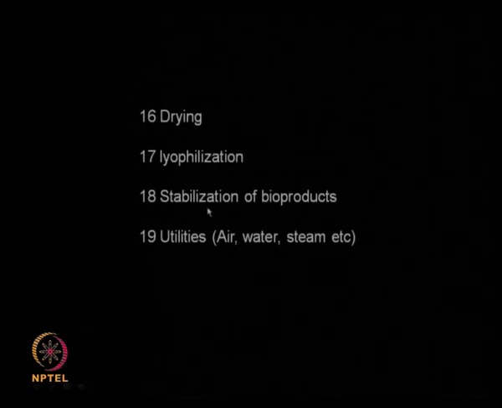Finally we will look at utilities also, because without utilities a downstream manufacturing unit has no meaning. Utilities like air, water, steam, hot oil, chilling water, and so on. If we talk about all these and understand how each equipment works, I think we will have a fairly good idea about the various components in downstream processing and how to go about designing a downstream process.